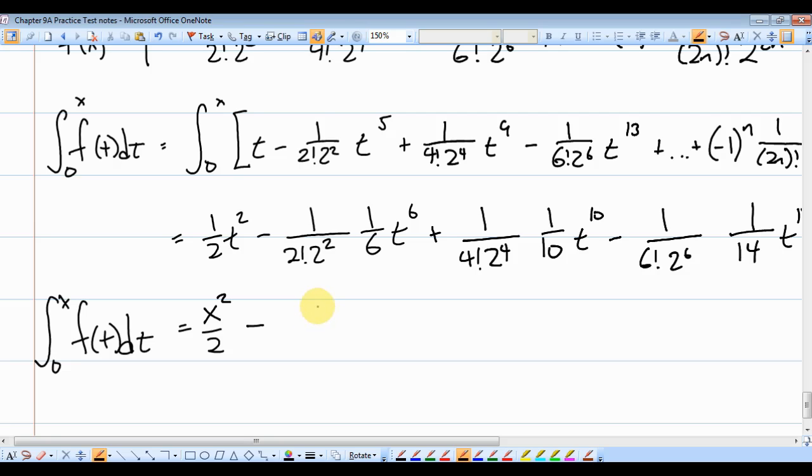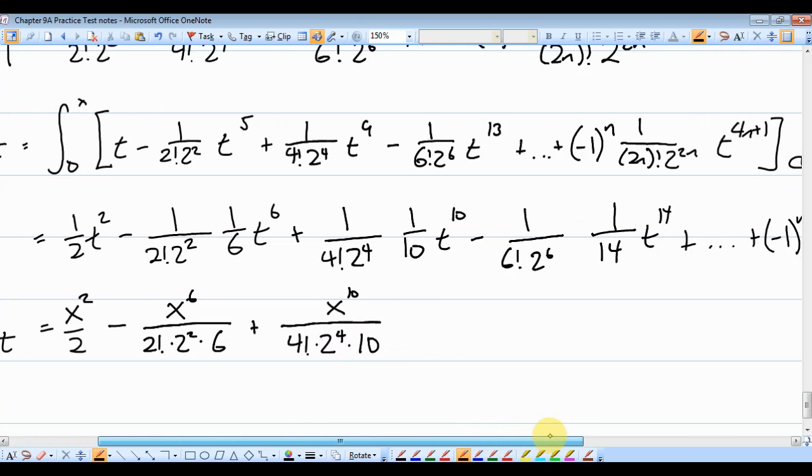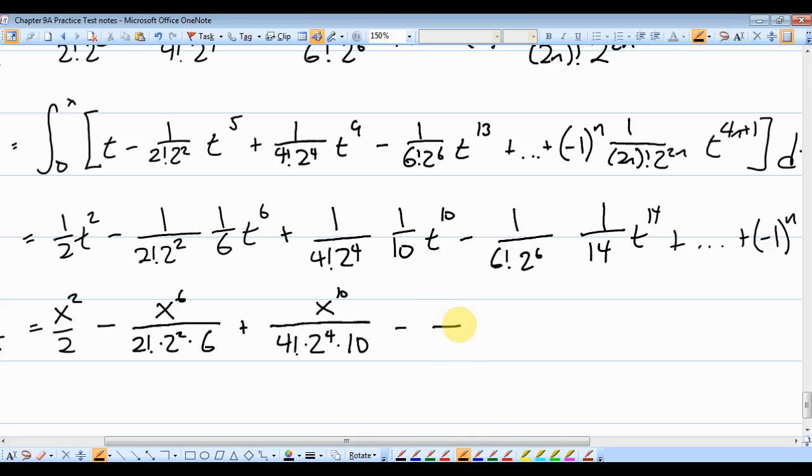Minus x to the 6th power on top of 2 factorial times 2 squared times 6. Plus x to the 10th power over 4 factorial times 2 to the 4th times 10. Minus x to the 14th power over 6 factorial 2 to the 6th times 14.